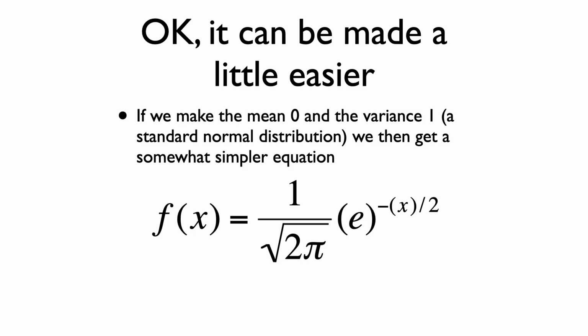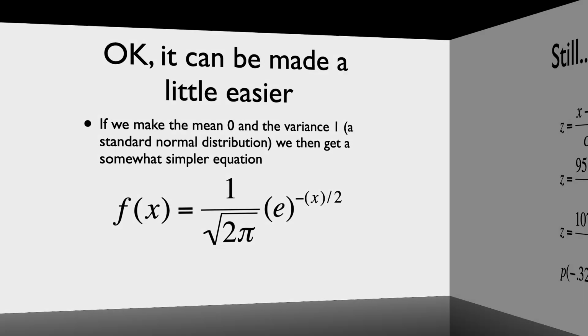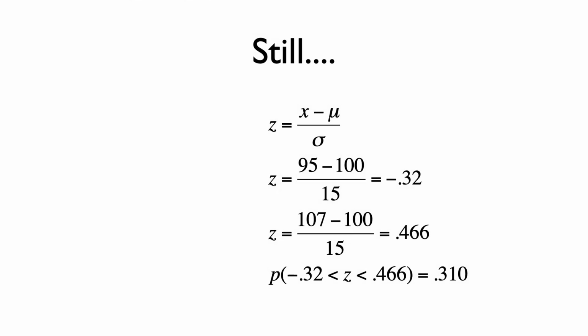So if our original question was what's the probability of finding an IQ between 95 and 107, what we can do is convert everything to a Z-score and then look up probabilities in a table. So that's what I did here.